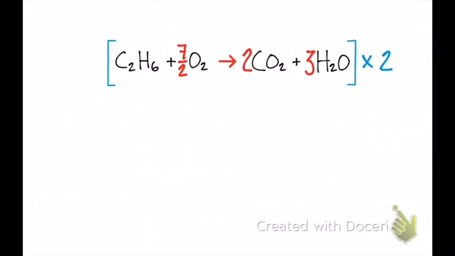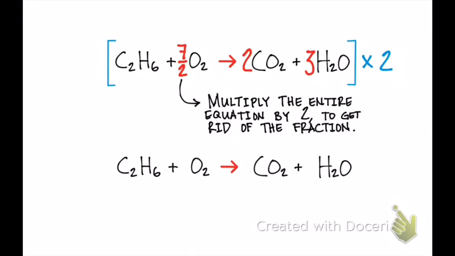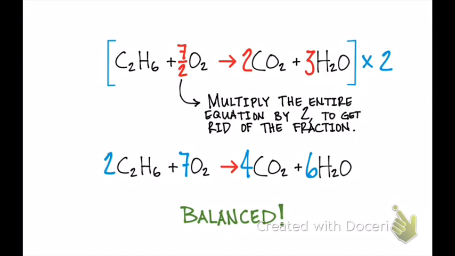So now the chemical reaction equation becomes 2 C2H6 plus 7 oxygen gas generates 4 carbon dioxide gas and 6 water molecules. So this is the balanced chemical reaction equation.